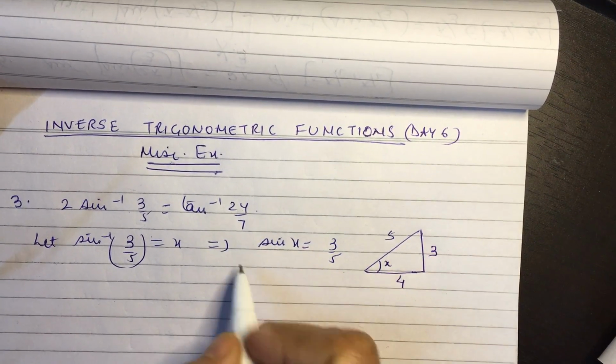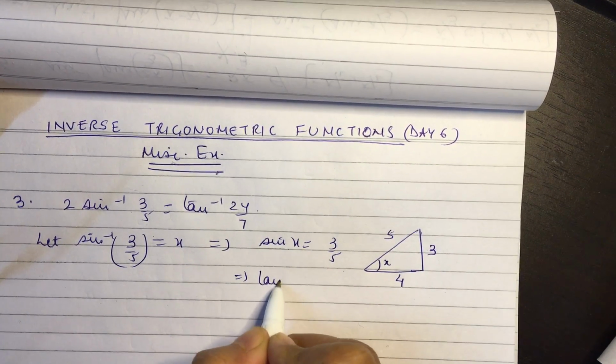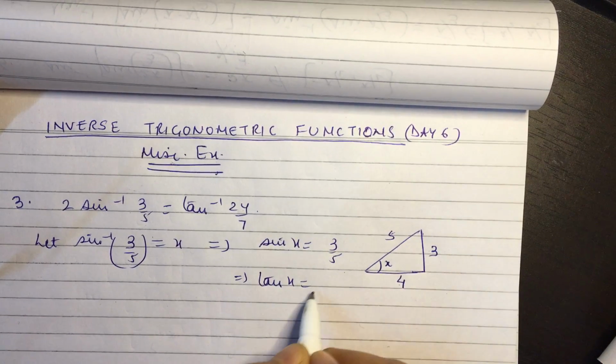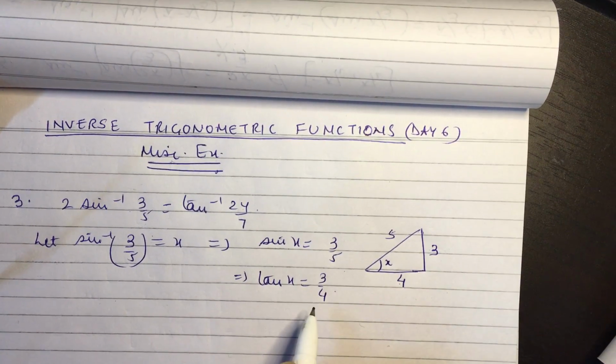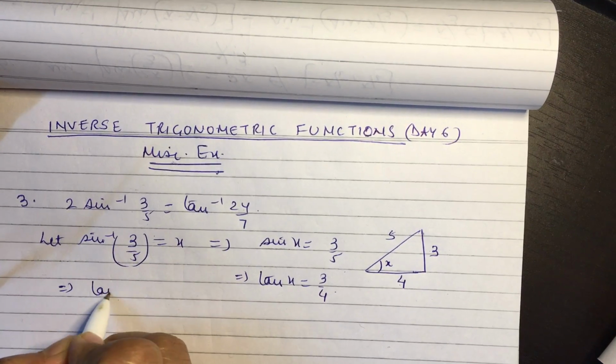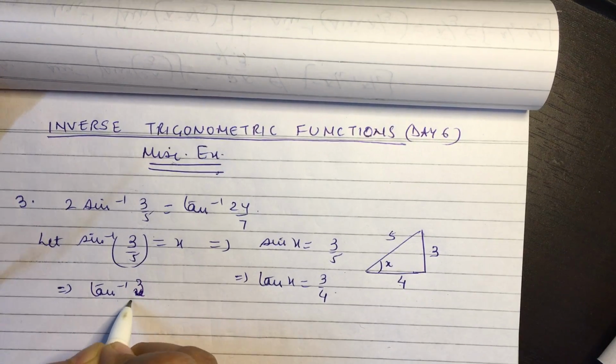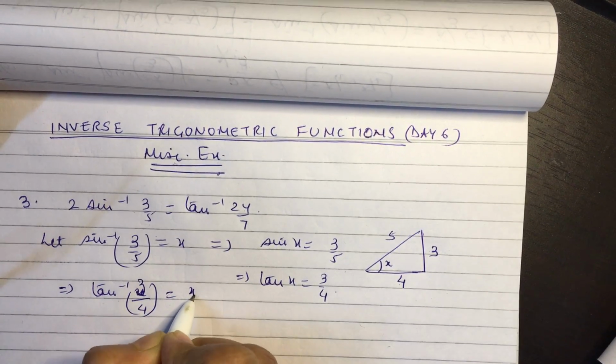Now if you find the value of tan x, you get tan x equal to 3 by 4, which gives us tan inverse 3 by 4 equal to x.